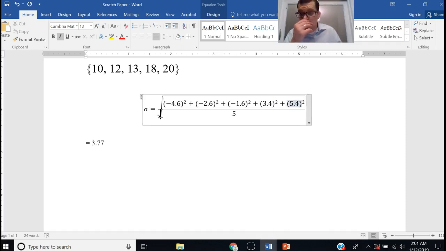And then we would square each number, add them all up, divide by 5, and then take a square root. Okay, so that's how you would calculate. You would end up with about 3.77 as your answer.